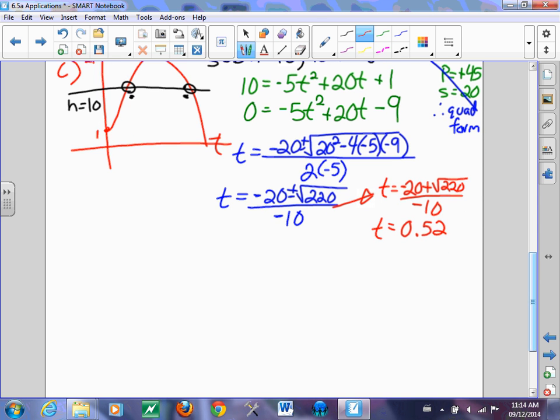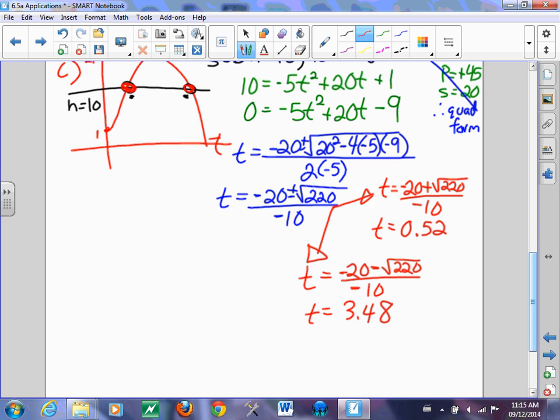That's pretty bad, isn't it? I may have to check that one myself. Second case, folks: t equals negative 20 minus root 220, all over negative 10. And this one is 3.48.